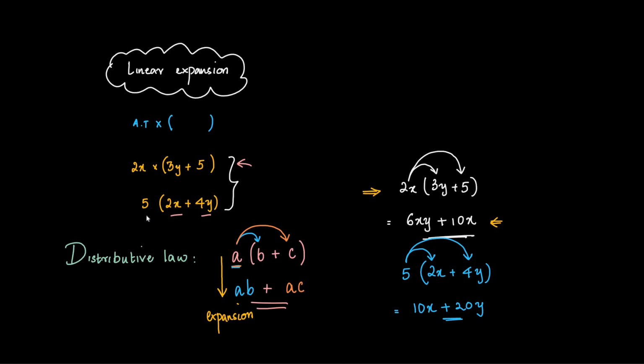In factorization, we'll be given an expression of the format ab plus ac, where we'll have to take it back to the form where it is within the brackets. This is called factorization, and particularly in this case it's called linear factorization because we just reversed linear expansion.